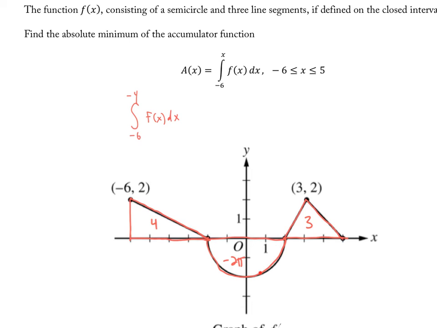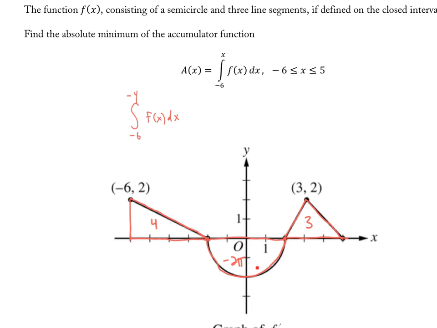Okay, so the question is, here it's 0. When x is negative 2, that's all the area from negative 6 to negative 2, that's 4. But we can see now the function starts decreasing because you're adding negative area.